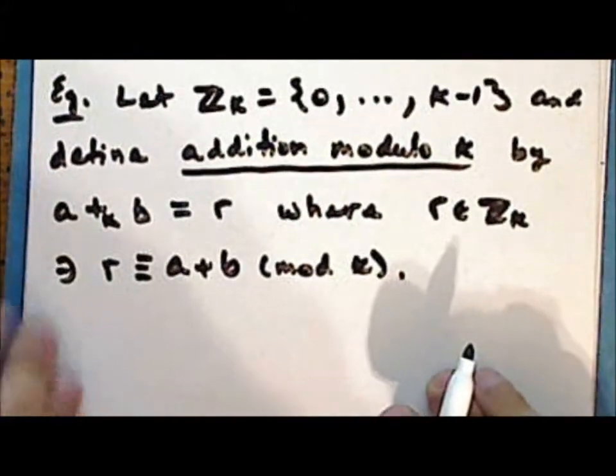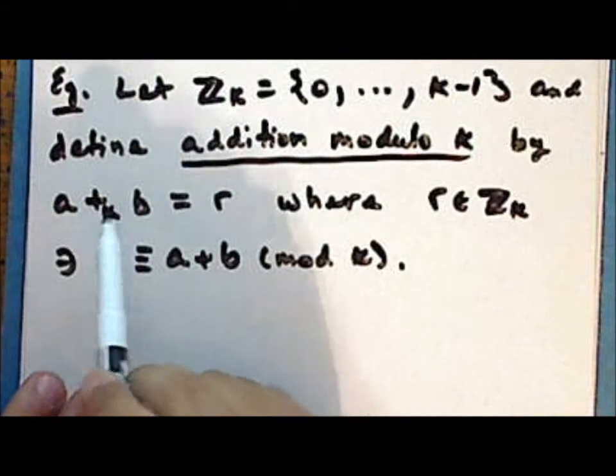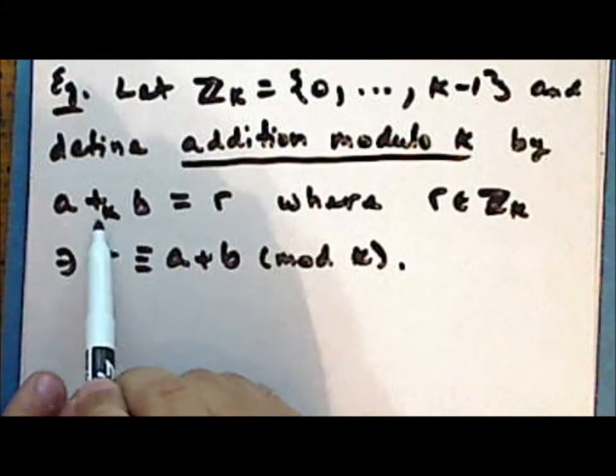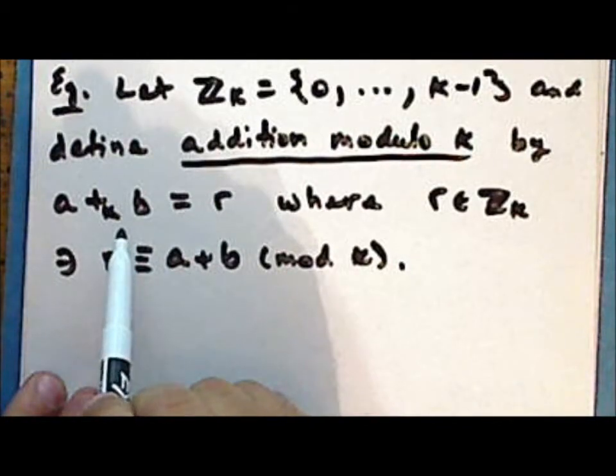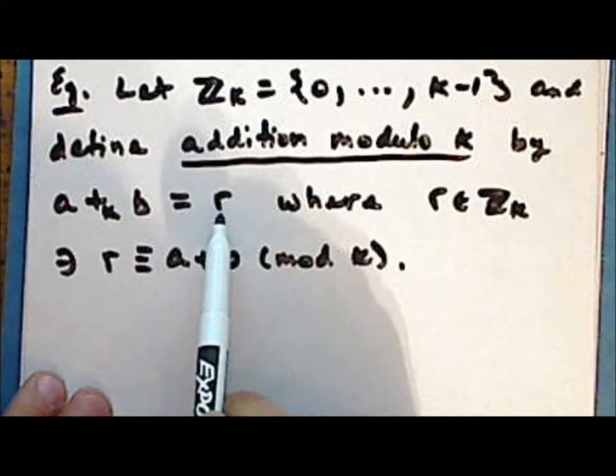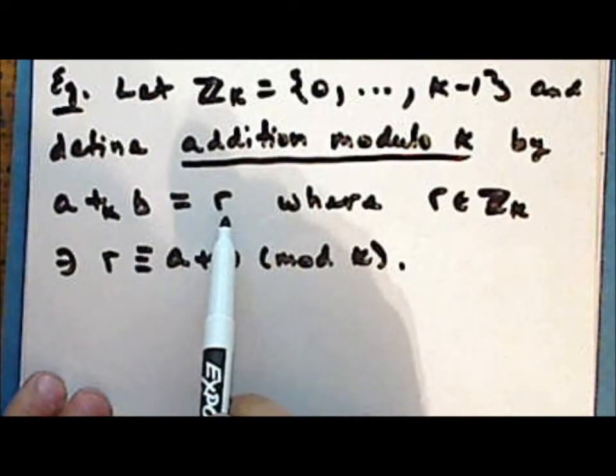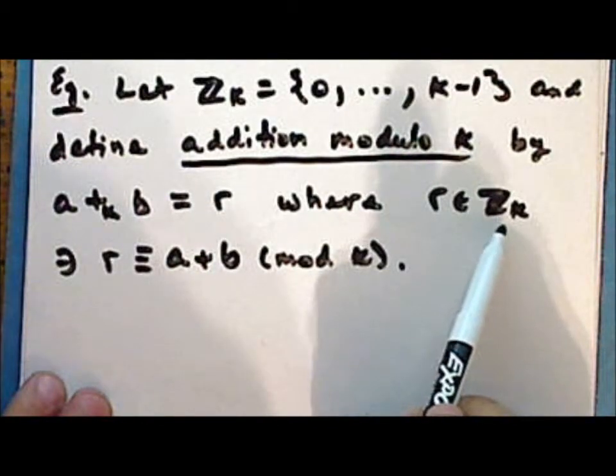Now, notice that this sum modulo k is well defined, or uniquely defined, since the number r is exactly one of the elements in the set Z sub k.